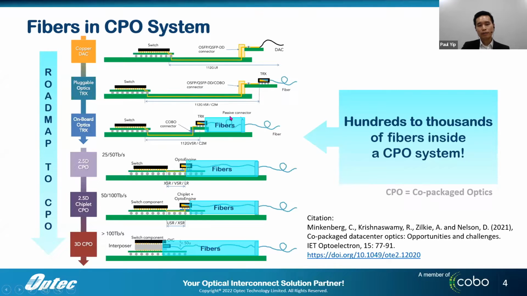So we see a lot of fibers inside. We're talking hundreds to thousands of fibers within the 1U box. The amount of fibers is massive. How can we deal with that?